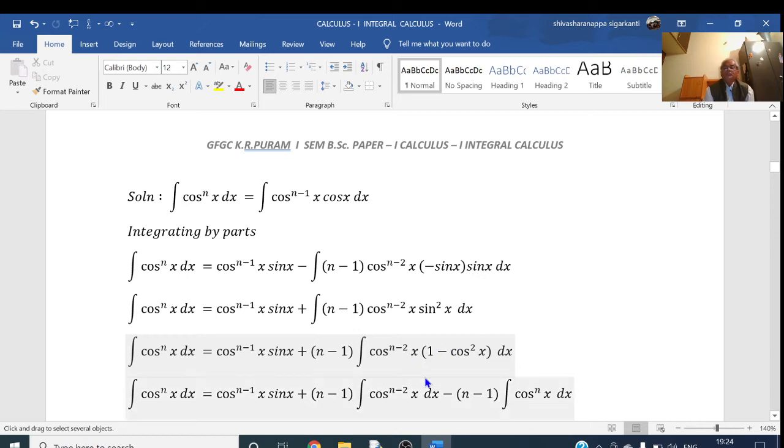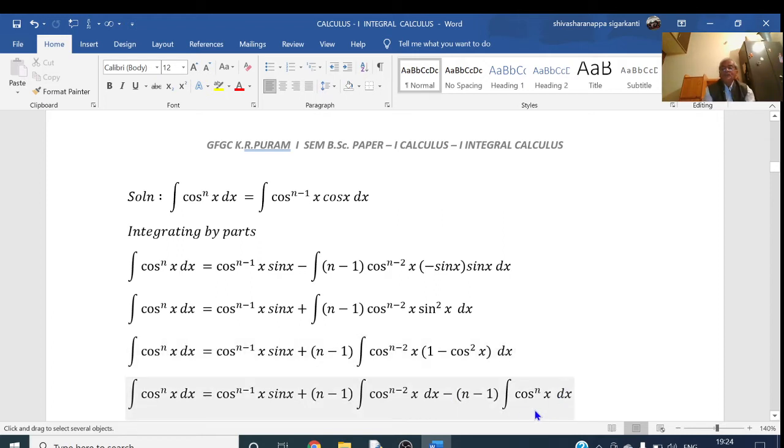Now if I multiply this, we get cos x to the power of n minus 2, and multiplying this with this, I will get minus cos x to the power of n. So multiplying, we get this term as n minus 1 into integral of cos x to the power of n minus 2 dx minus n minus 1 into integral of cos x to the power of n dx.